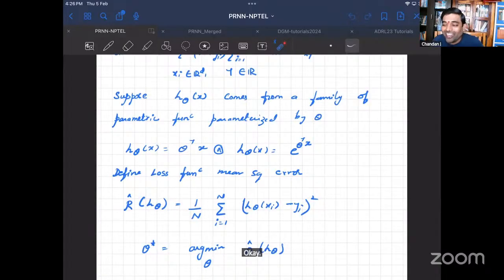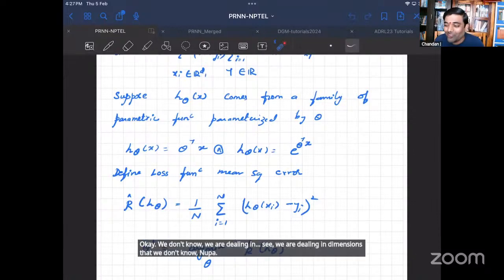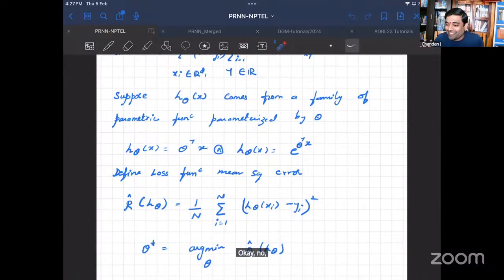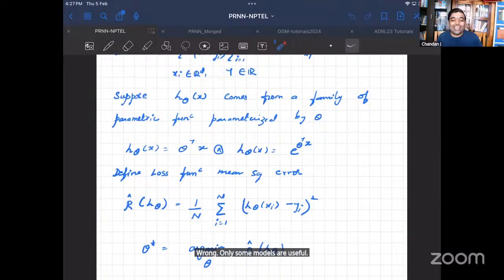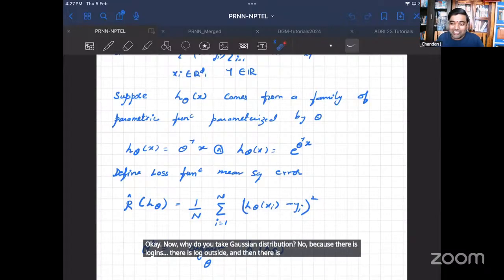We are dealing in dimensions that we don't know. Always remember this. We can only say that all models are wrong, but some are useful. Now, why do we take Gaussian distribution? Because there is log outside, and then there is exponential inside, so they nicely cancel off. So you get nice forms.